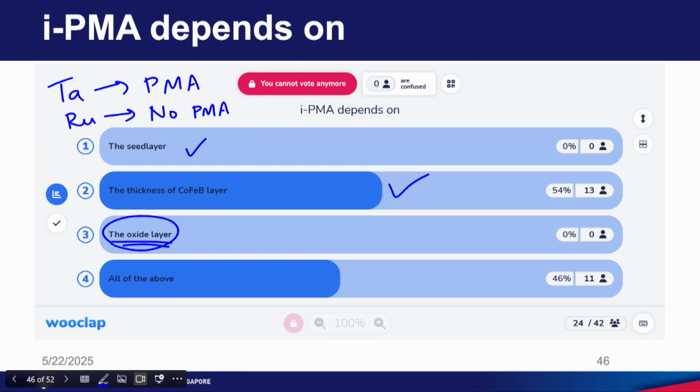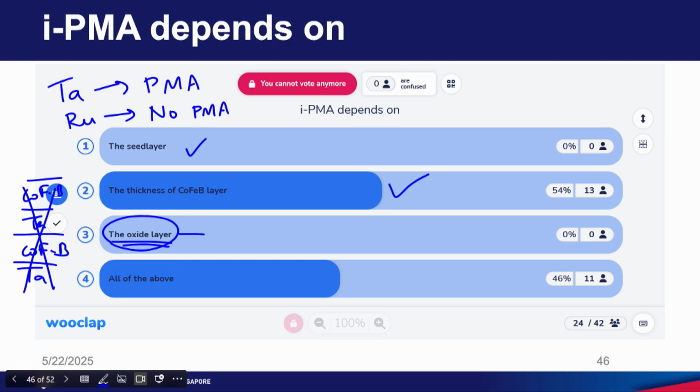So when this work was published, I asked my student to try tantalum, cobalt iron boron multilayer to see whether she can get perpendicular anisotropy. Okay, but we didn't get. Okay, so this implies that this oxide layer also plays an important role. So all these are important.